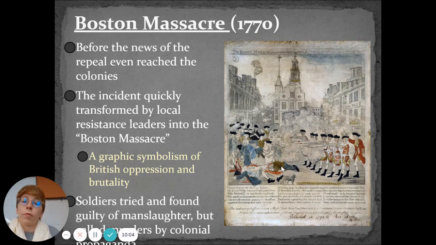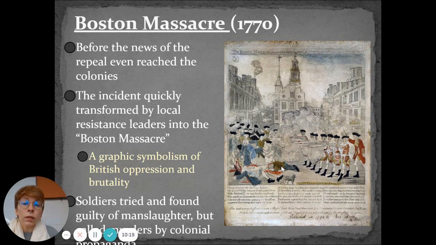A group of primarily young men started to heckle some British soldiers. The British soldiers, fearing for their lives, shot upon the group of unarmed men.